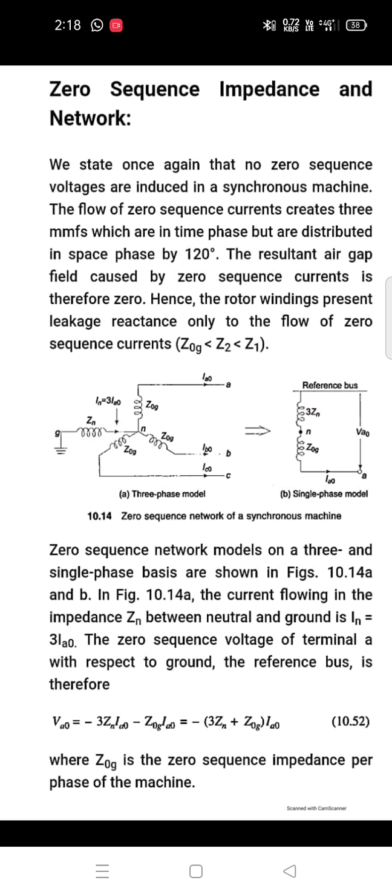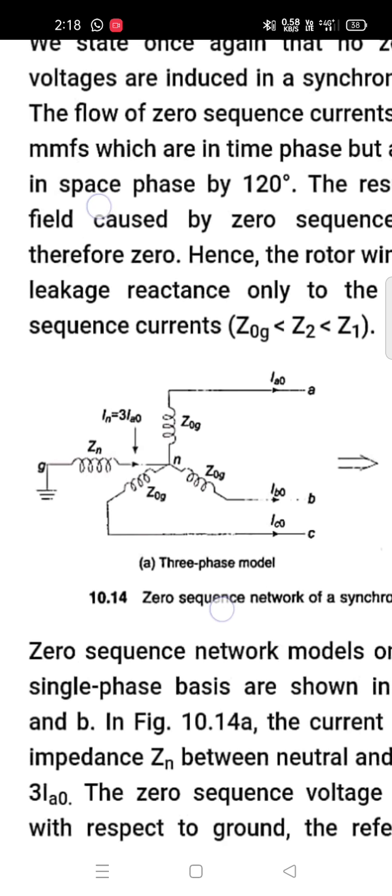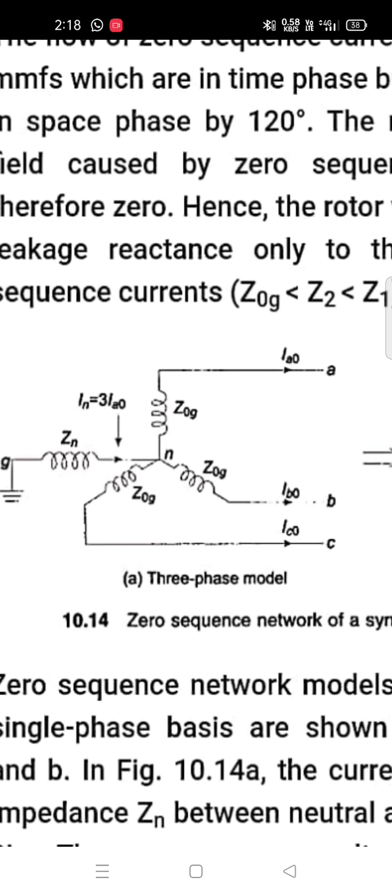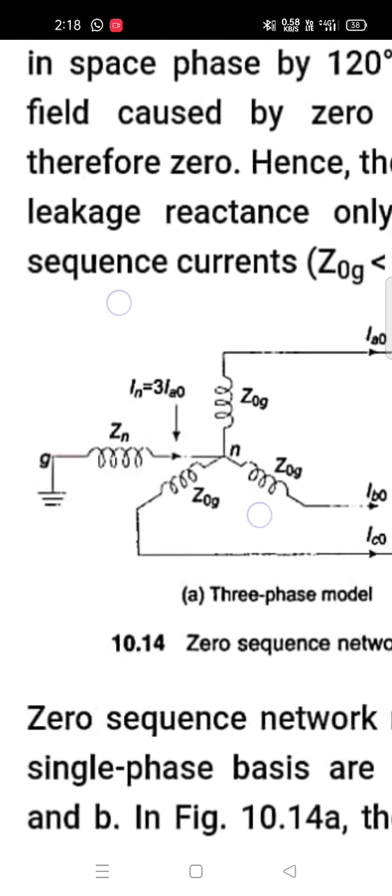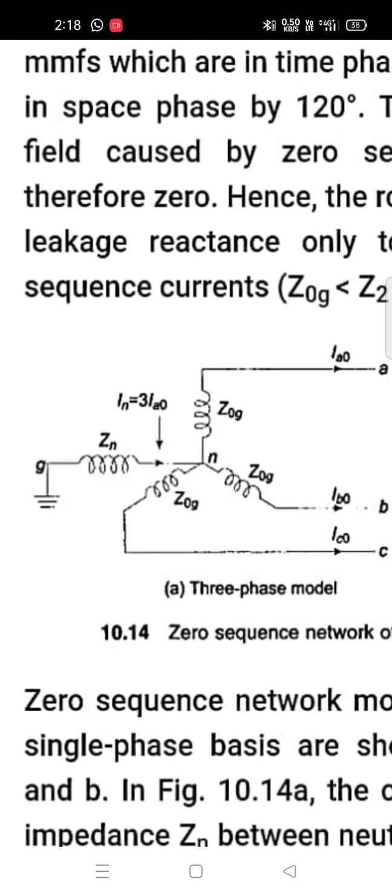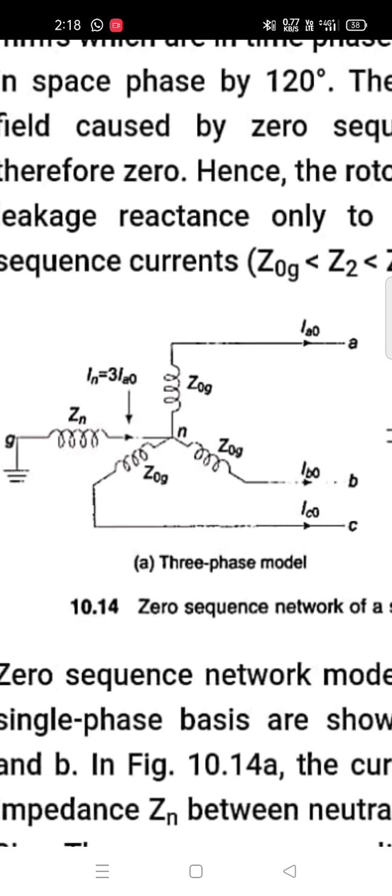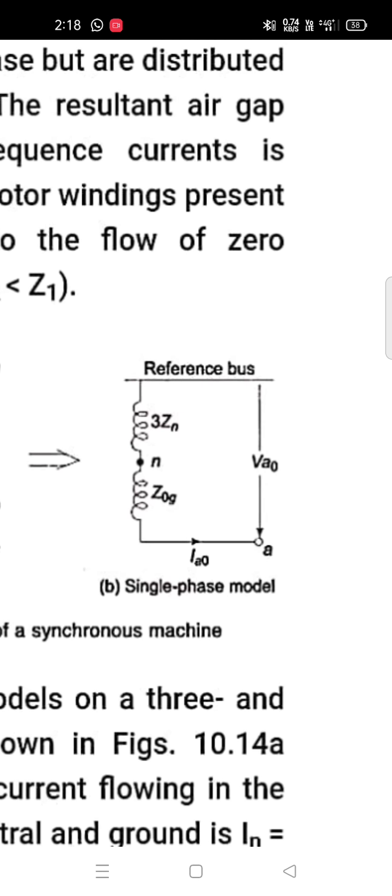Here the 3 phase network for Z0 is shown. The neutral is included, where In is equal to 3 Ia0, because Ia0, Ib0, Ic0 are the same for 0 sequence current, and we already saw that In is Ia plus Ib plus Ic. So it will be 3 times Ia0 for 0 sequence, and here the single phase network is shown with respect to ground.